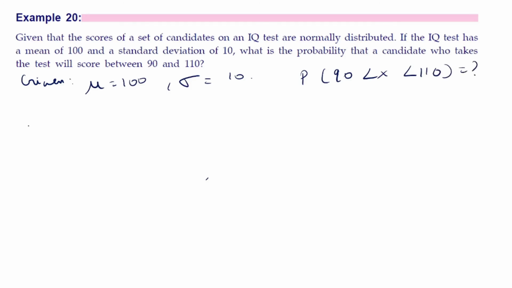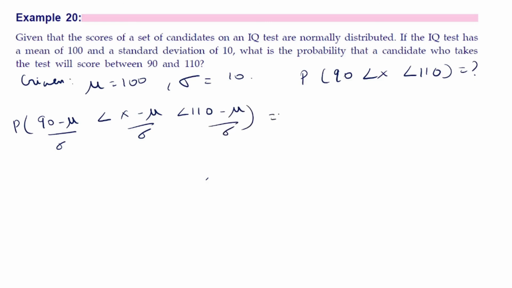Now we can perform these operations: probability of 90 minus mu by sigma less than x minus mu by sigma less than 110 minus mu by sigma. Here x minus mu by sigma is z.